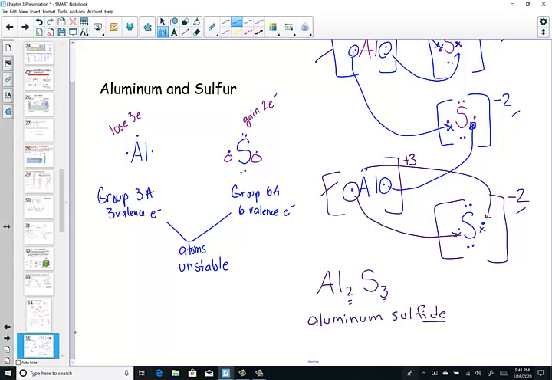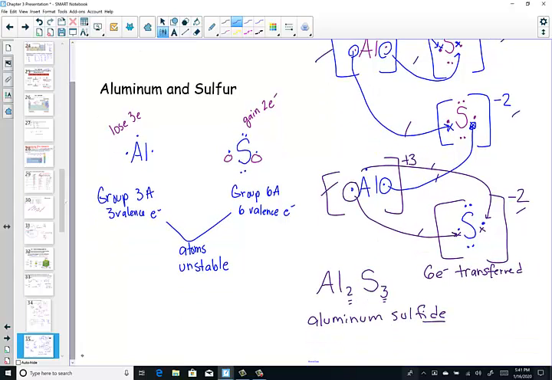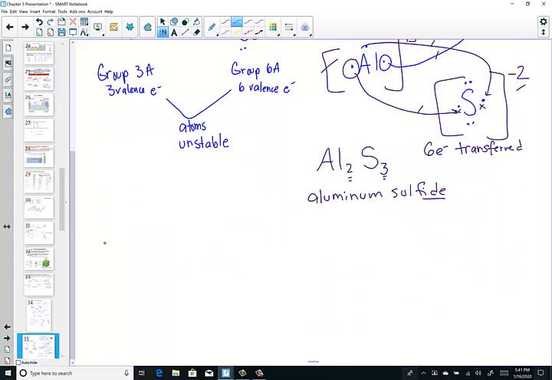When we drew the Lewis dot structures, we had 1, 2, 3, 4, 5, 6 electrons transferred all together. In order to create a stable or an electrically neutral compound, it took 6 transferred electrons to achieve a noble gas. Let's remind ourselves of our trick we're learning called the crisscross method.